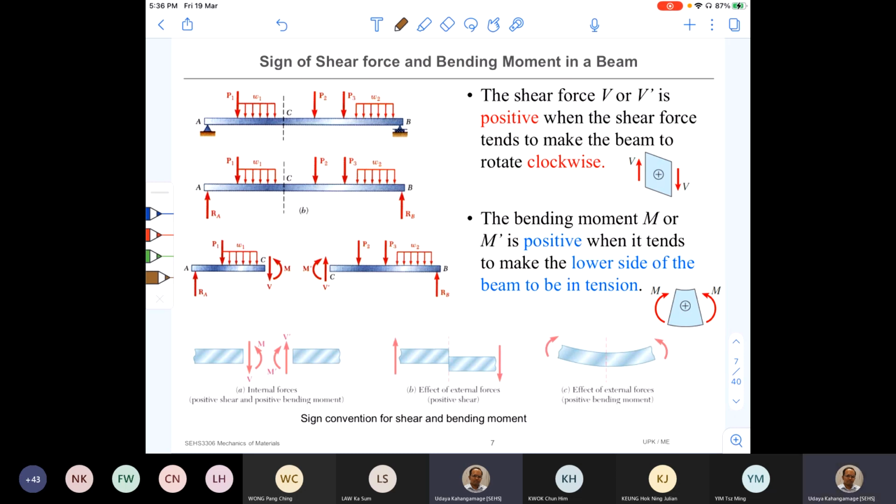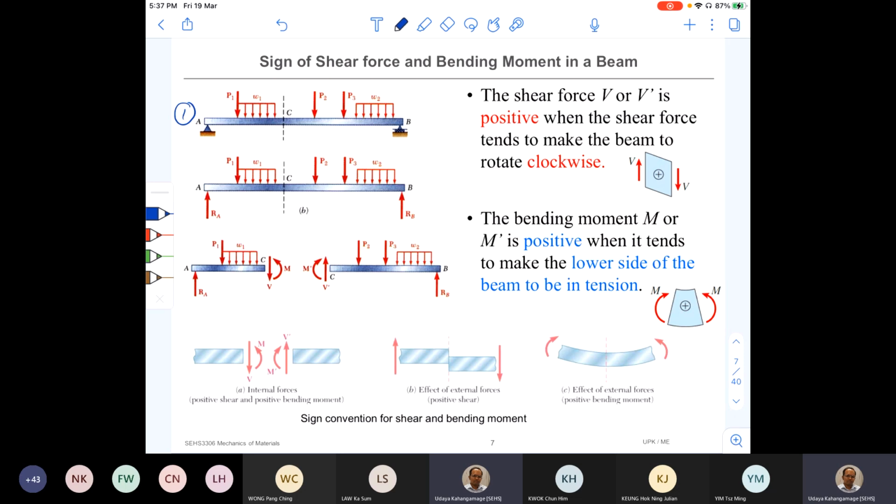Before I move forward, let me introduce the sign convention here, which will be very useful. Okay. The first step when you are designing a beam or calculating the maximum stress in a beam, we first start with what you call the physical diagram, right? Or we call it the physical diagram, how it is going to look in the real environment.